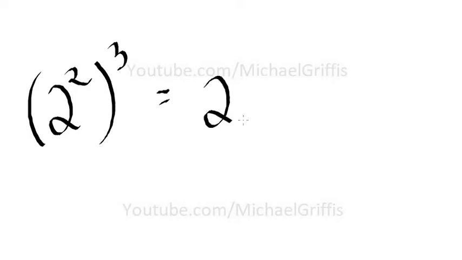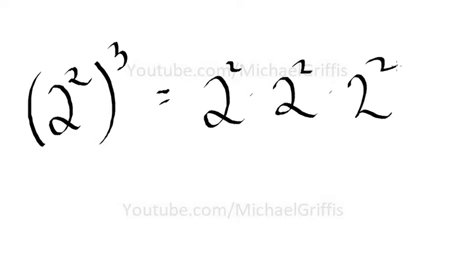Let's say I had 2 squared, and that whole thing is raised to the 3rd power. Really what this is saying is 2 squared times 2 squared times 2 squared. You see that 3 times. What would you do with the exponents?